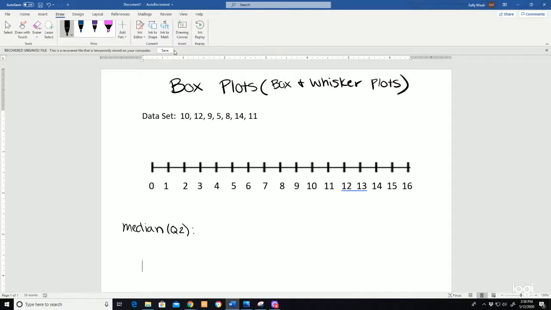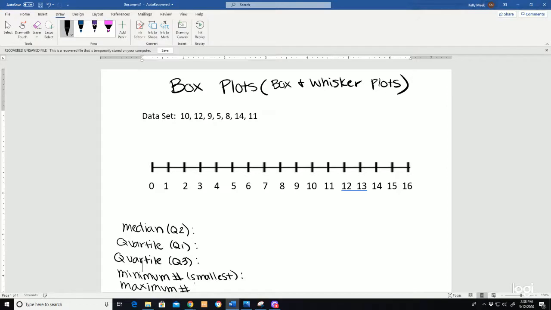You have to know your quartile 1, also known as Q1, and quartile 3, also known as your Q3. You also have to know your minimum number, which is your smallest number, and your maximum number, which of course is your largest number.